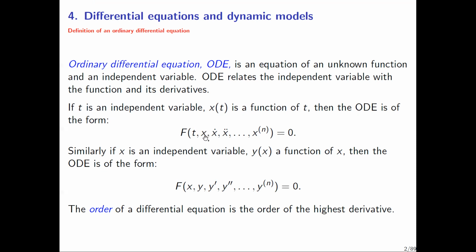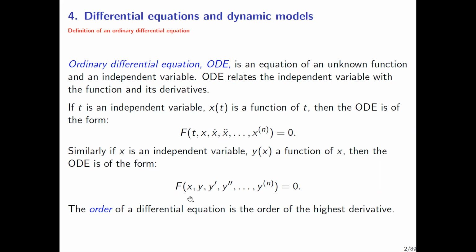And then we also have derivatives of x with respect to the independent variable t in our equation. There can be up to n derivatives of x present, in which case we are talking about a differential equation of order n.